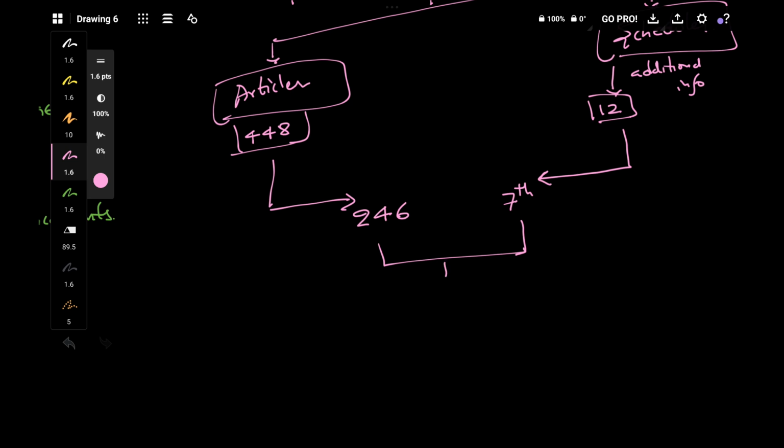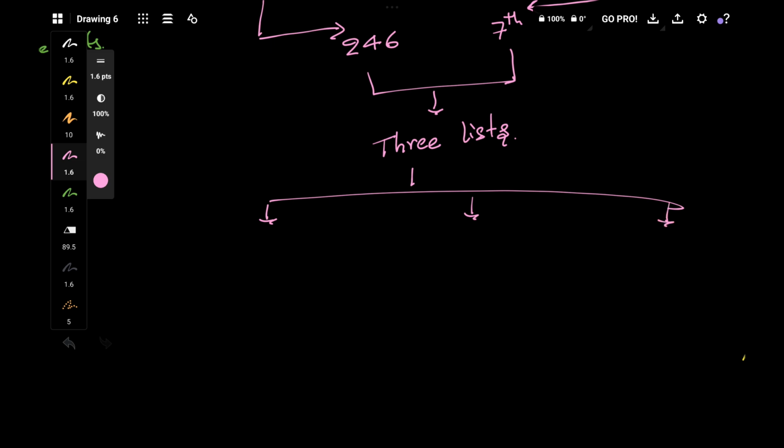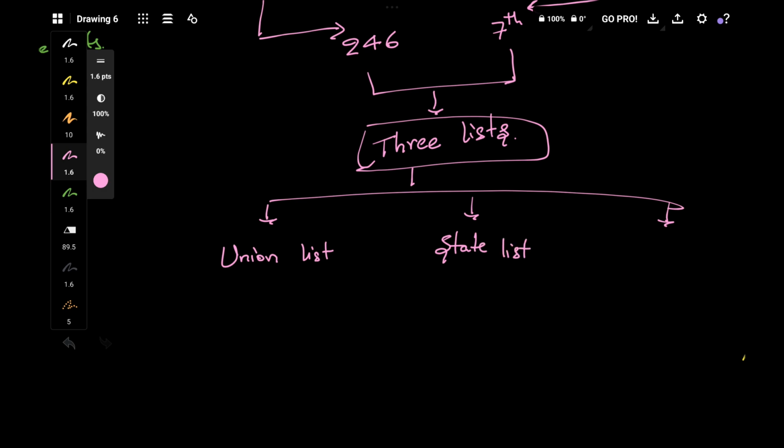They together give us 3 lists, which are very important for our examination. So we have to keep this in mind. Those 3 lists are union list, state list, concurrent list.